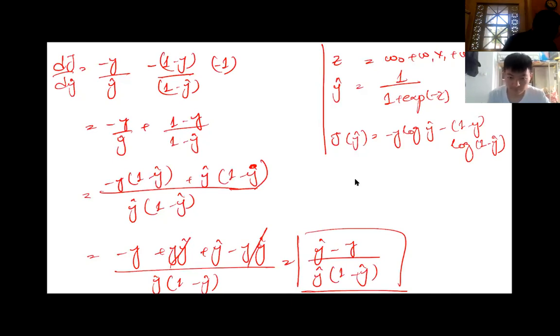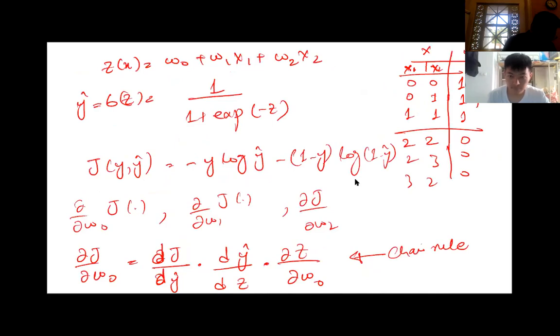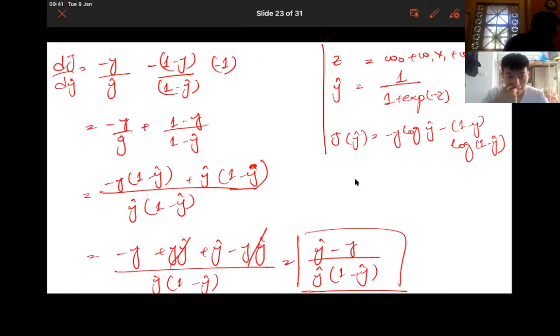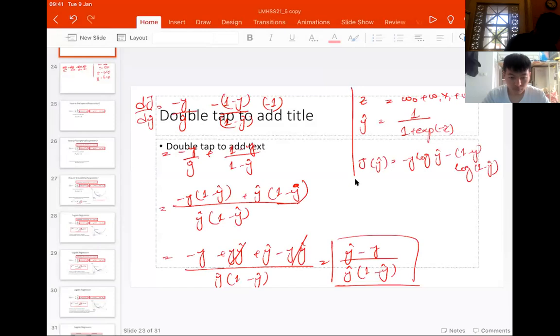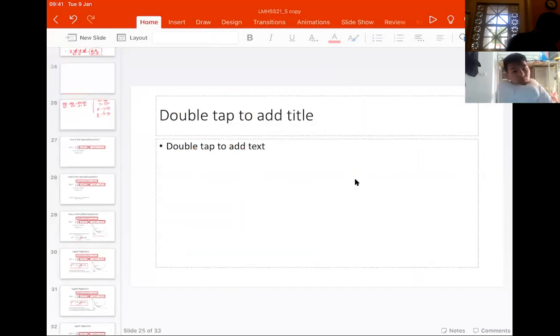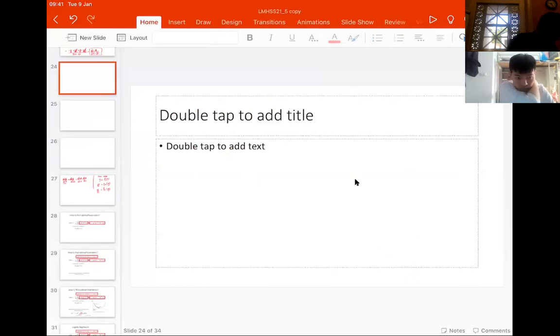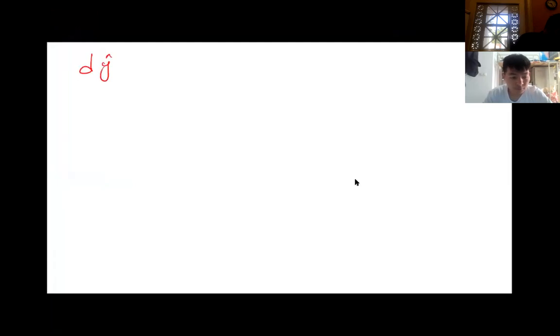Let's calculate the second thing. What is the second thing? It's the derivative of y hat with respect to z. So let's calculate that. So derivative of y hat with respect to z, and we know that y hat is 1 divided by 1 plus exponent minus z.